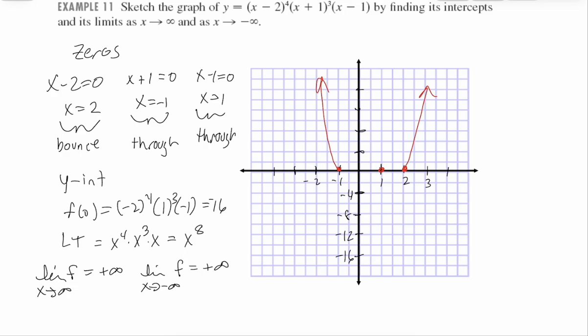Put on your y-intercept, and that will help you to make your bounces and your throughs. Now we're going through the points at positive 1 and negative 1, but we have a bounce at 2. So we go through, through, bounce. And so that is our graph for example 11.